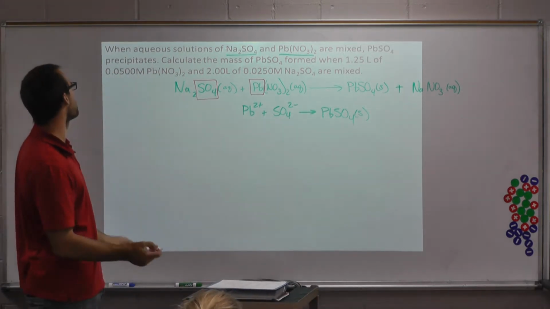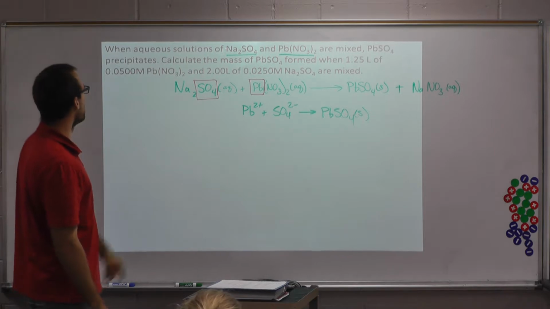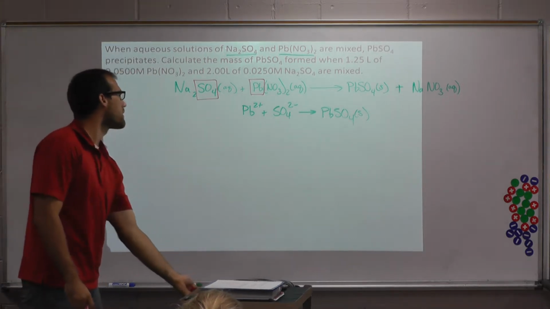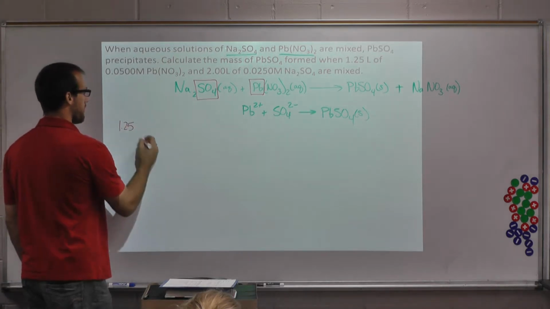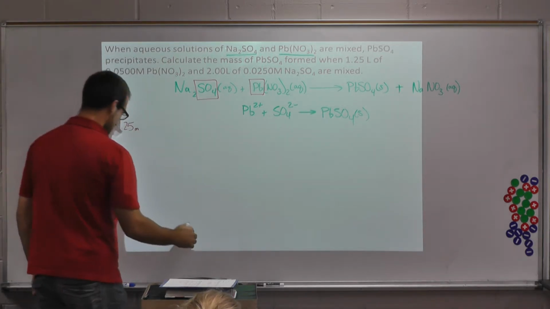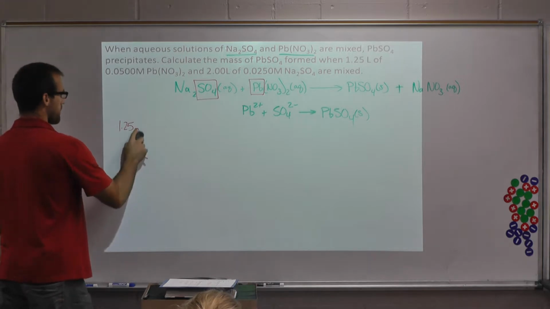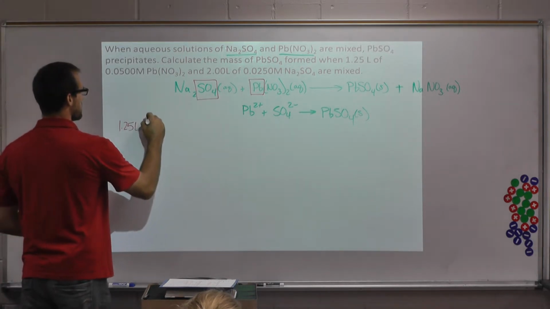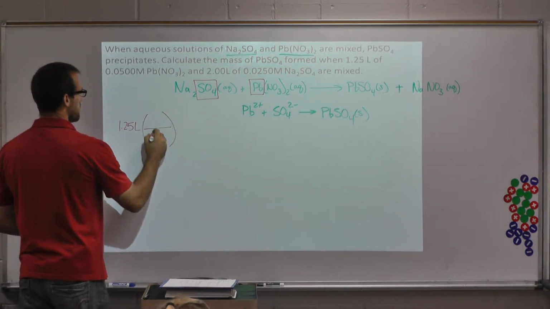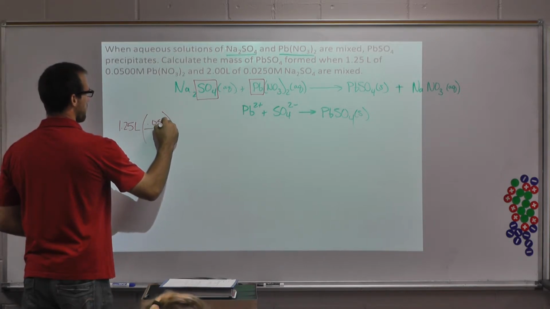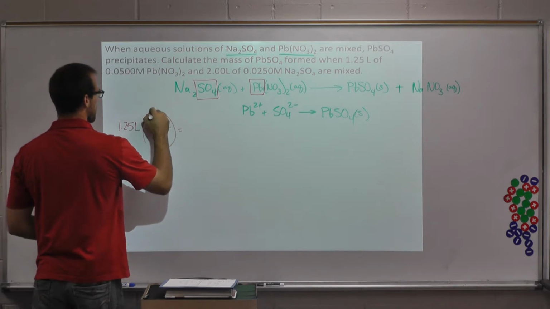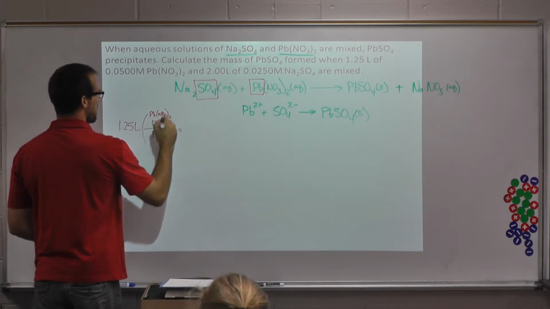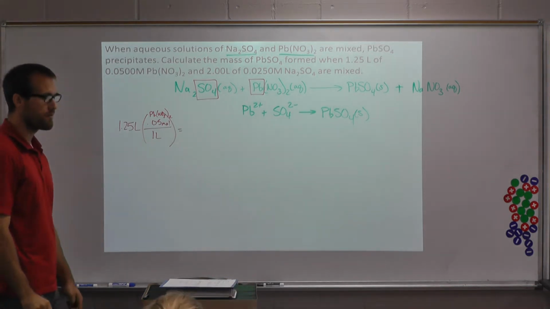Starting with, what's the first one that comes up here? Lead nitrate. Okay, so I have 1.25, not moles, that's wrong, liters, and 0.05 moles per 1 liter of Pb(NO3)2.